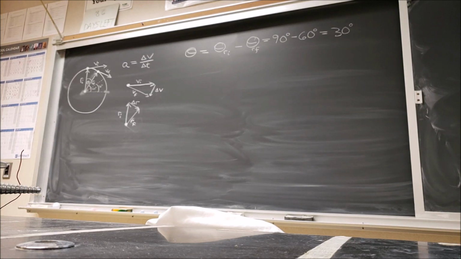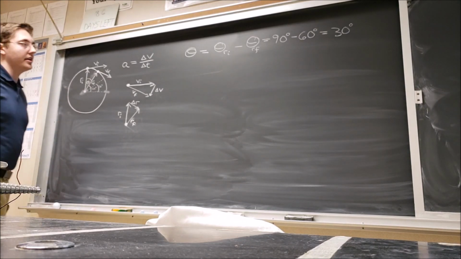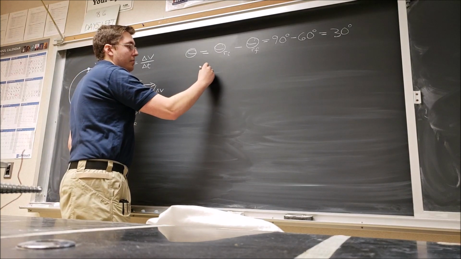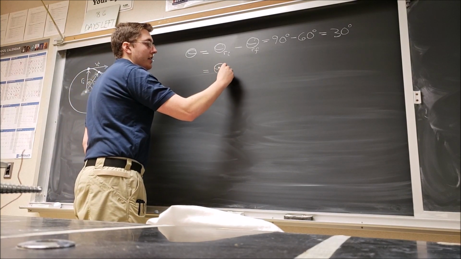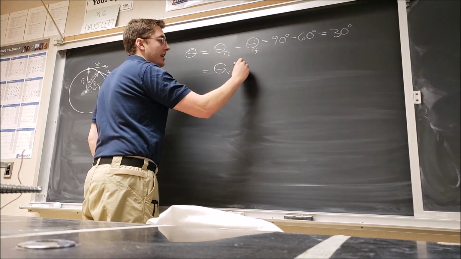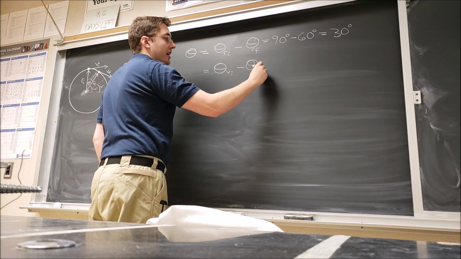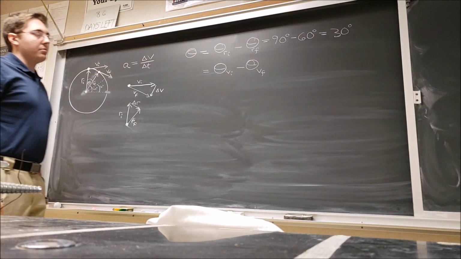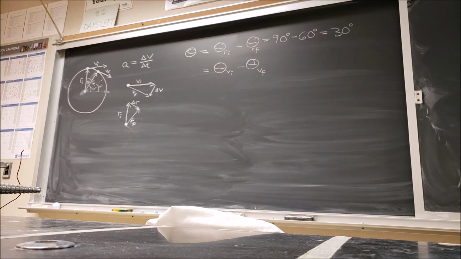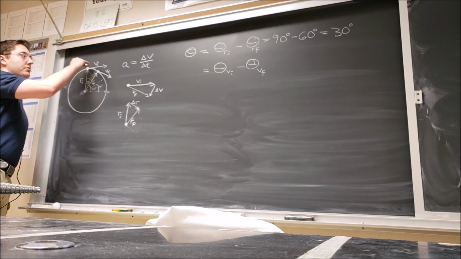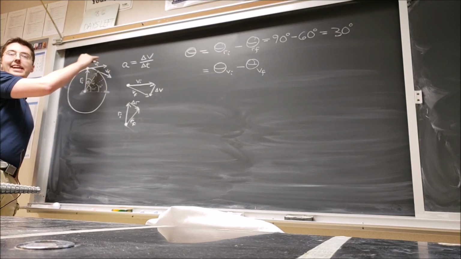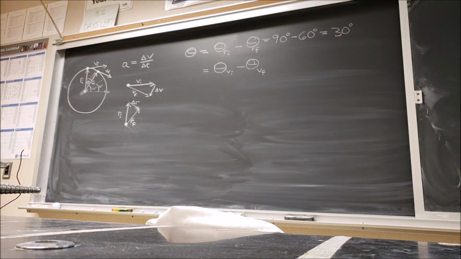There's another thing you can do. You can do the same thing for the angle of your initial velocity and your final velocity, right? It would be a little bit different though, because if you look at this initial velocity, what would you say the angle of that initial velocity is, that arrow up there? 0.